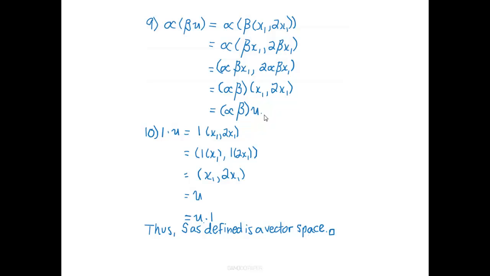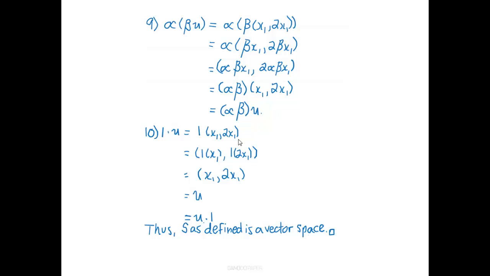And finally, axiom 10, scalar identity. 1 times u is the same as 1 times (x1, 2x1). Recall that 1 is a scalar, so I use the standard definition of scalar multiplication.